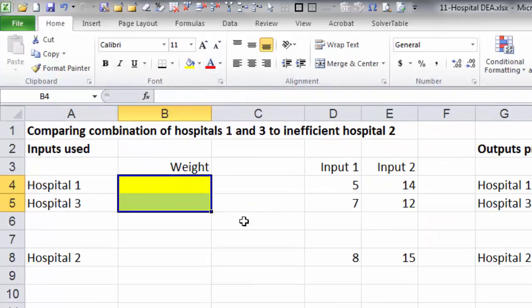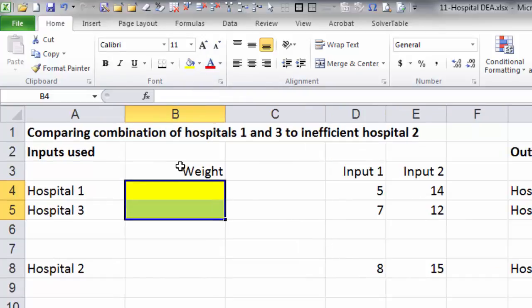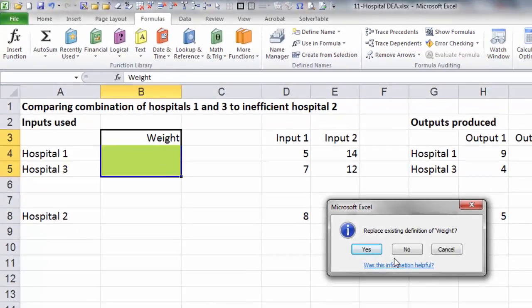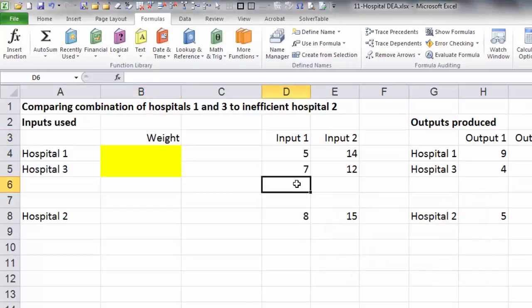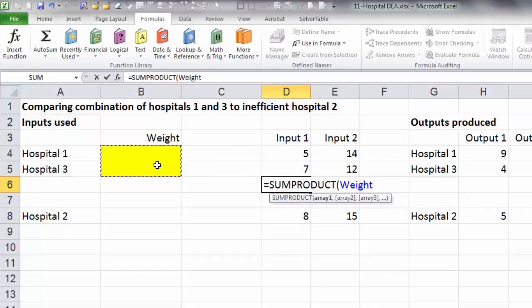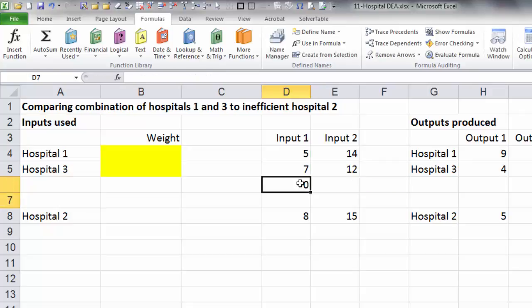Okay, weight is the decision variable, and let's give a name for the weight. Okay. So now what we want to do is a sum product of the weight with the input. So that will be a weighted average of these two hospitals which are operating at better efficiency.